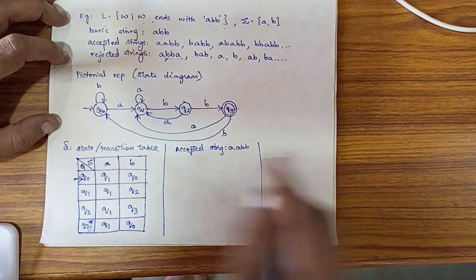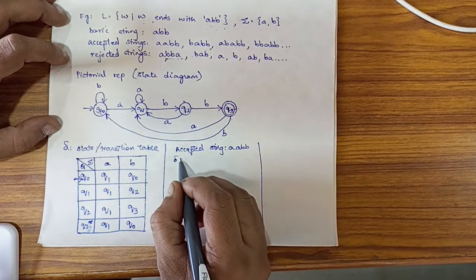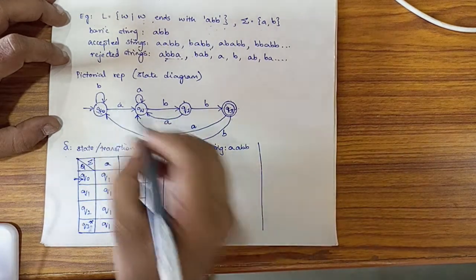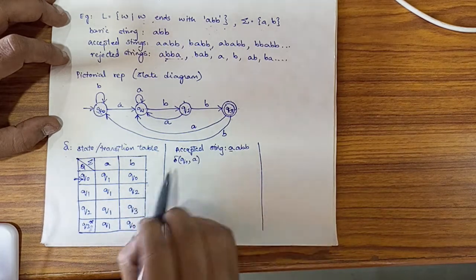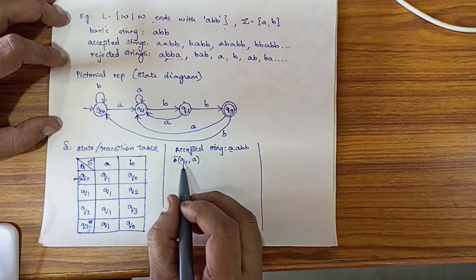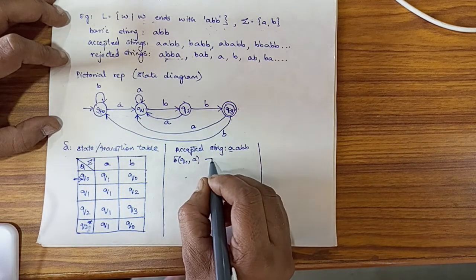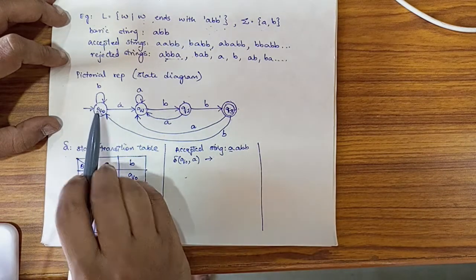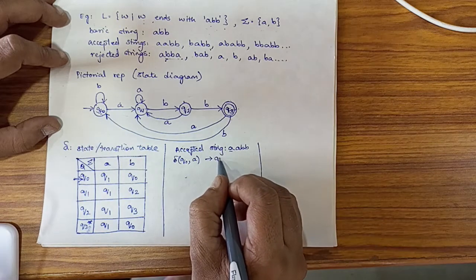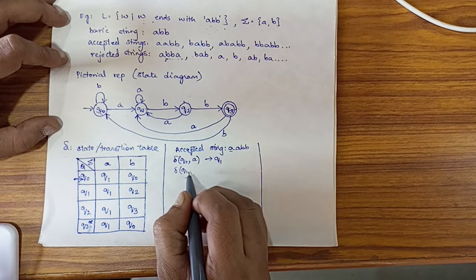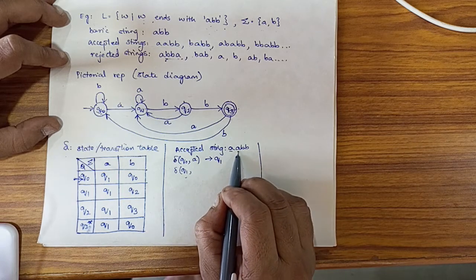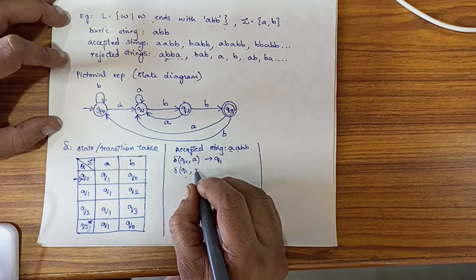Okay, so always we are going to start with Q naught and the first symbol over here, A. Delta is the transition from Q naught on getting an A. What does it do? Q naught on getting an A goes to Q1. Okay, next delta Q1 on getting the next input symbol, that is A again.